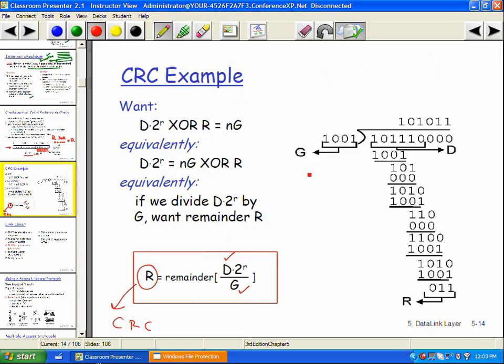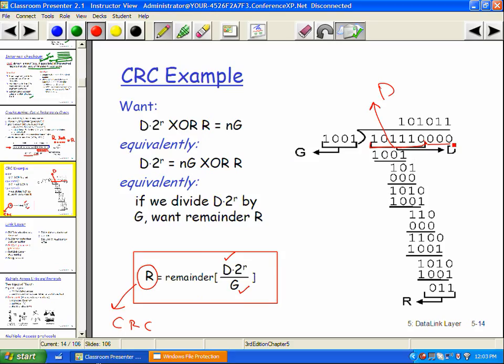So here is an example. You divide. This is D. This is G, and so 2 to the power R means you added 3 zeros, and you keep doing the long division.